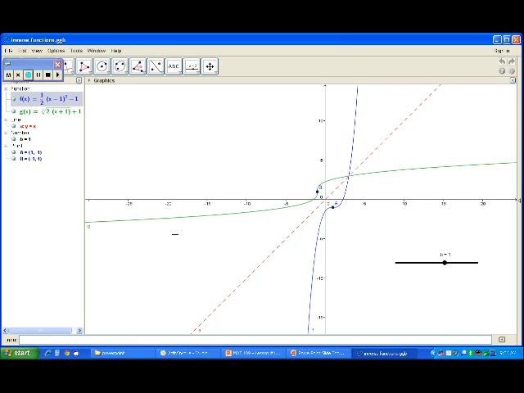And if you look, you can see the red and blue lines are symmetric about that. So that's an important feature of inverse functions. They are symmetric about that diagonal line.